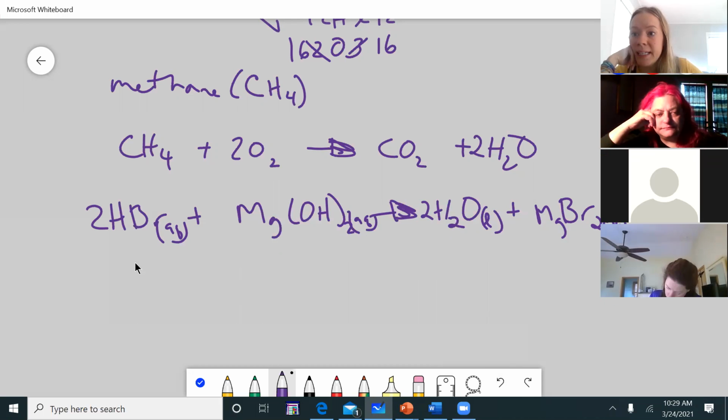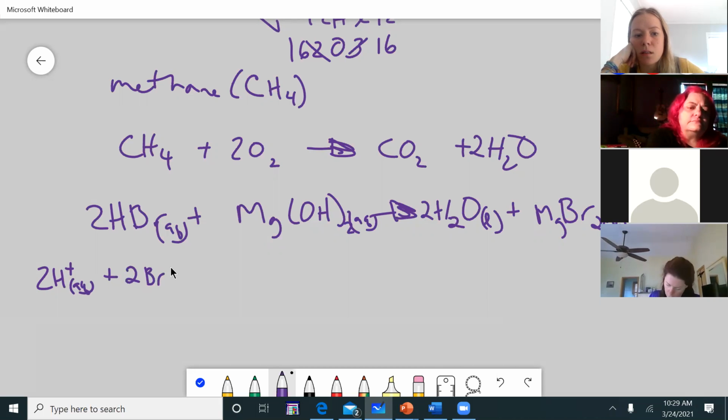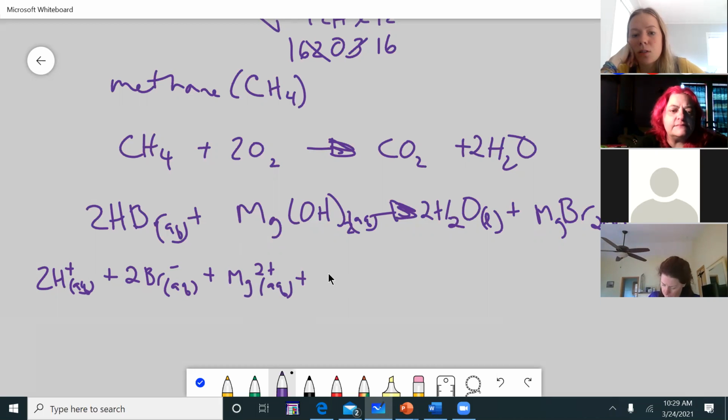So if we do the complete ionic equation, I have to break up everything. So that's 2 H plus, aqueous, plus 2 Br minus, also aqueous, plus a magnesium, so an Mg2+, which is aqueous, plus 2 OH minus, aqueous.